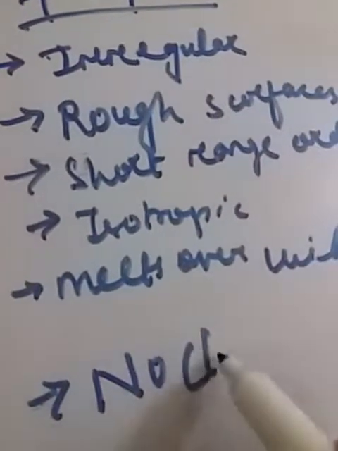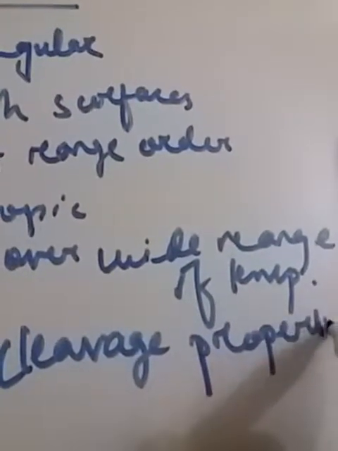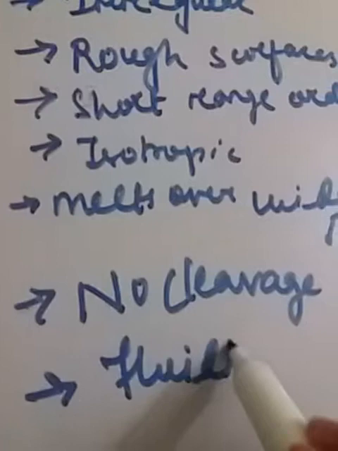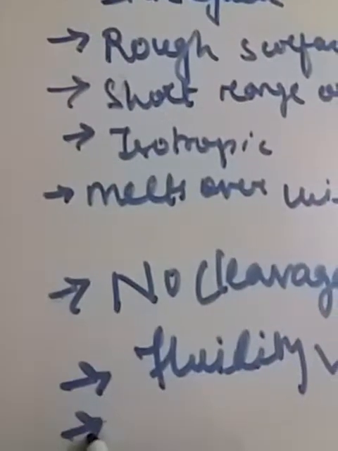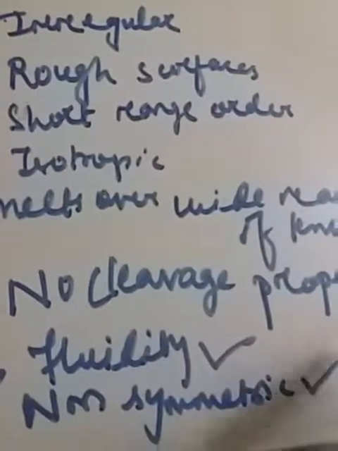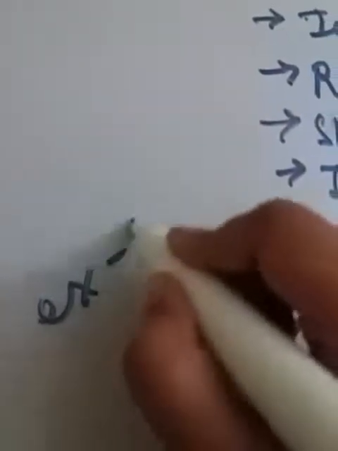No cleavage property. Fluidity is there, it shows fluidity, but non-symmetric. Non-symmetric, sorry, I mean it should be crossed. Non-symmetric. Examples are PVC, plastic, polythene, polymers and all those. High density polythene is the exception.